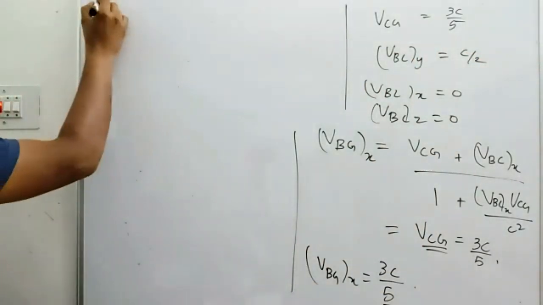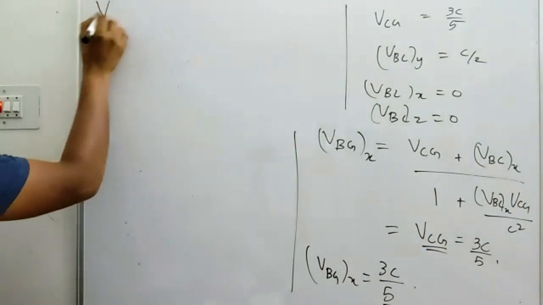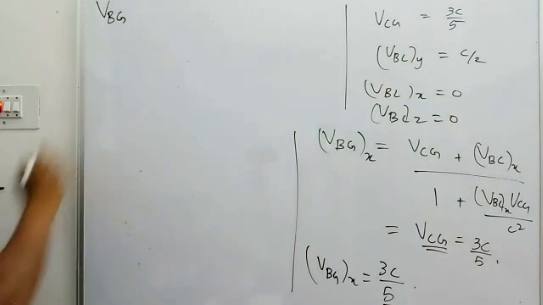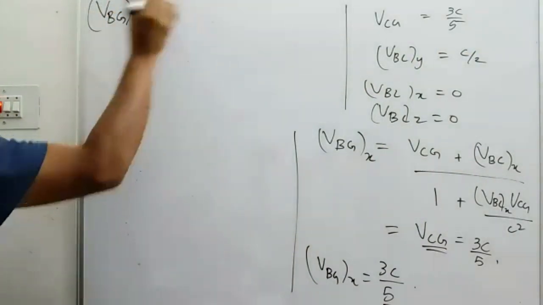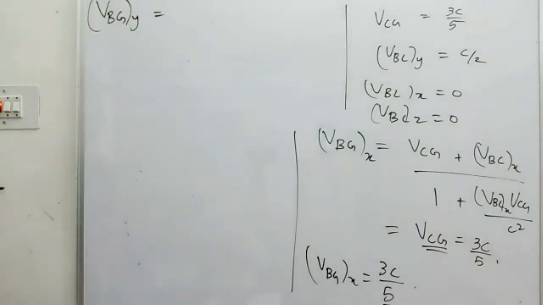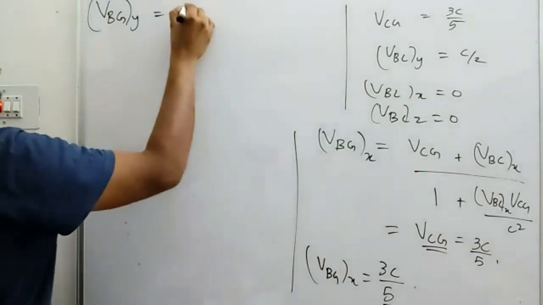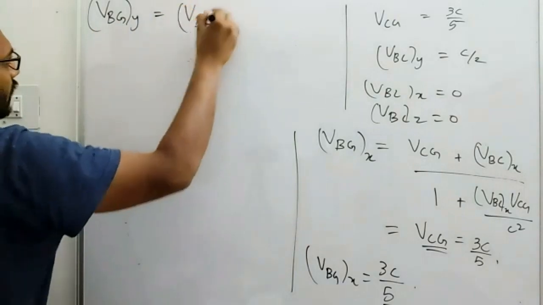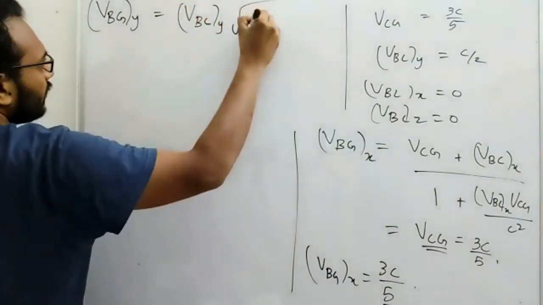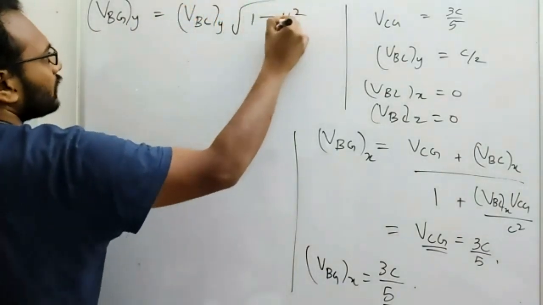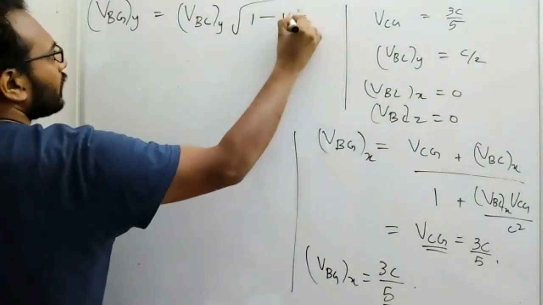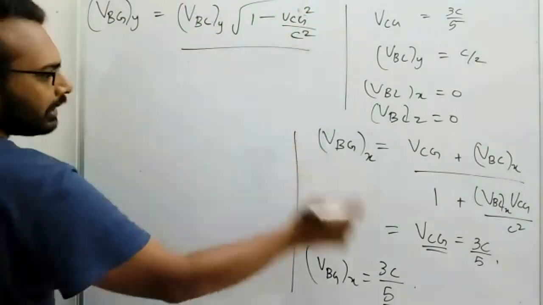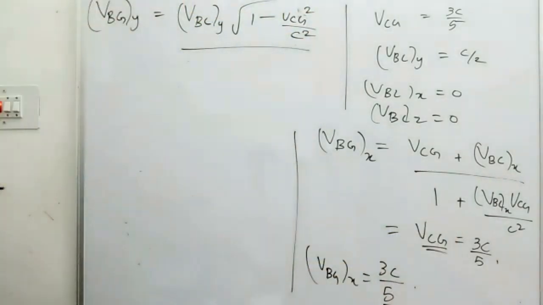The next thing is we need to find the velocity of the ball with respect to the ground, y component. What's the y component? We know that this involves the velocity of the ball with respect to car, y component, multiplied by the square root of 1 minus v square by c square, where v is the velocity of car with respect to ground, divided by the same factor, 1 plus the same factor.